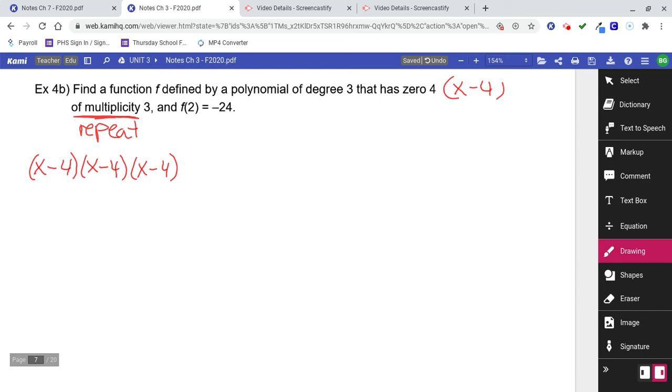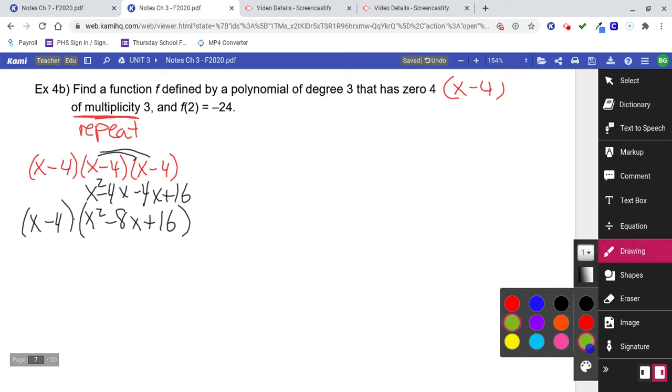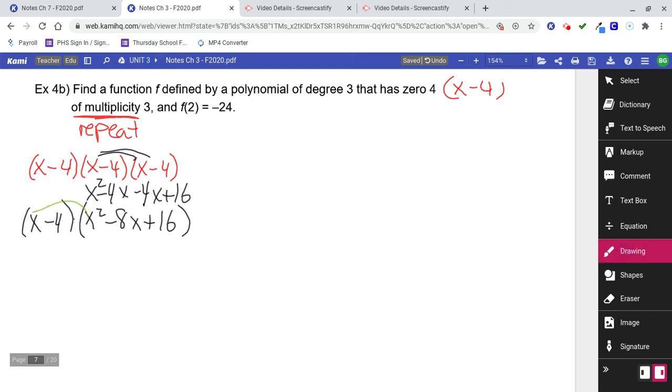So we're going to multiply that out. That's x squared minus 4x minus 4x plus 16, or x squared minus 8x plus 16. We're going to do x minus 4 times that. So distribute, that's x cubed minus 8x squared plus 16x.